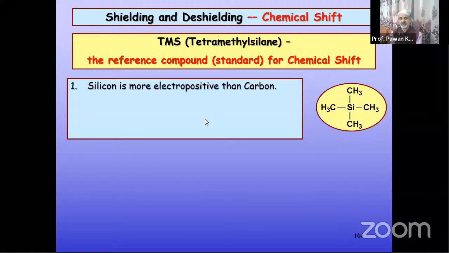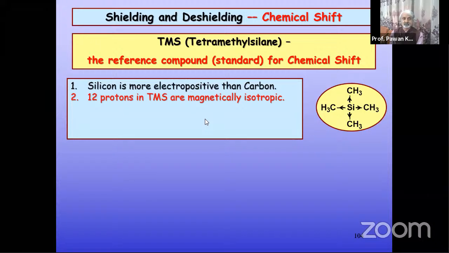The fact is that silicon is more electropositive than carbon, and the significance of that is that the electrons are pushed more towards the methyl carbon. Due to that, the 12 protons are very highly shielded because the electrons are being pushed.